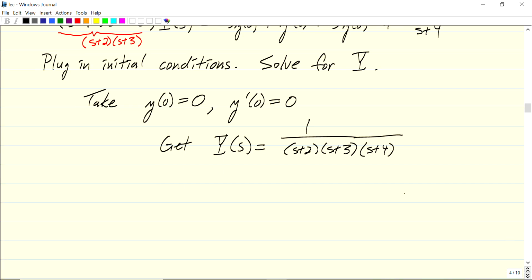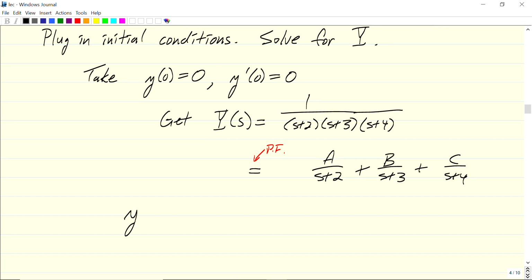And then I would do partial fractions. That would give me A over s plus 2 plus B over s plus 3 plus C over s plus 4. And now I'm going to undo the Laplace transform. I'll get y of t equals A times e to the minus 2t plus B times e to the minus 3t plus C times e to the minus 4t. Those should be t's.